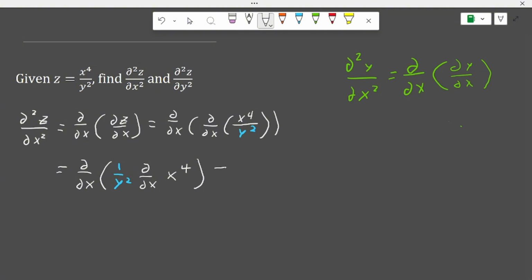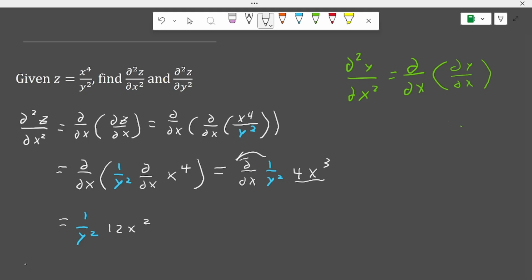Now, just using the basic power rule, we get that this is equal to 4x to the third. And again, we can move this outside of the derivative and just take the derivative of this equation right here, and that will yield us 1 over y squared times 12x squared.